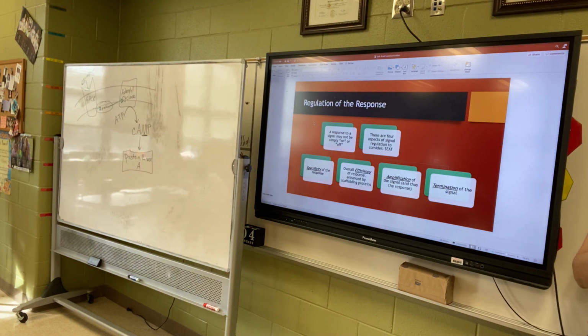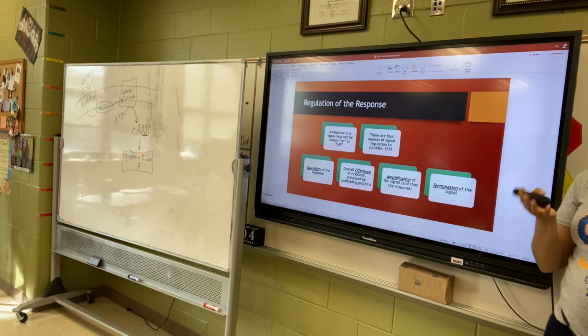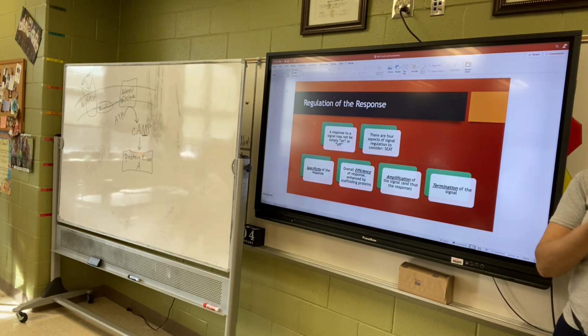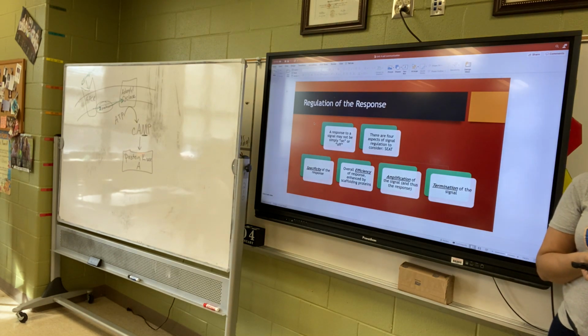There needs to be a way to amplify it to make the signal bigger. And then once it has done what it's supposed to do, I need a way to stop it. So that's the termination. So SEAT: specificity, efficiency, amplification, termination. That is how you regulate the response. The more steps in the pathway, the more chances you have to regulate.